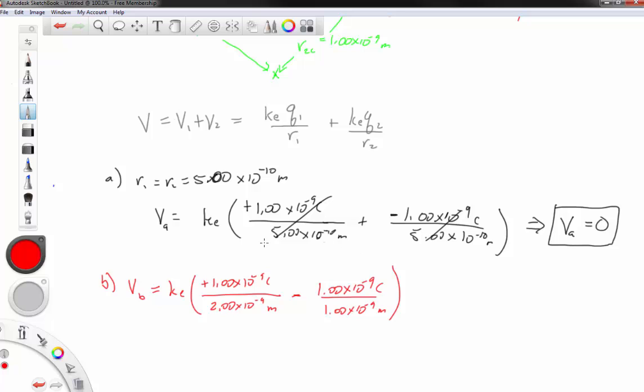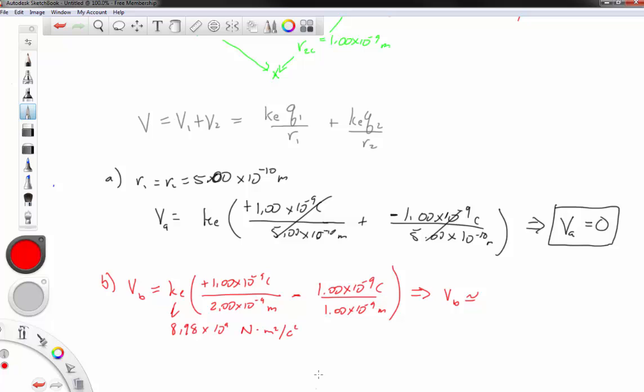Okay, so this basically is a half plus 1/2 minus 1 times KE. So basically this one right here is going to be VB is approximately, remember that KE is 8.98 times 10 to the 9 Newton meters squared per coulomb squared.